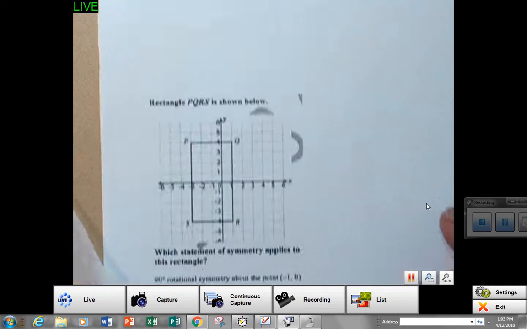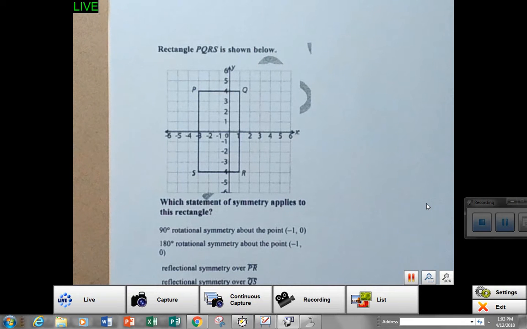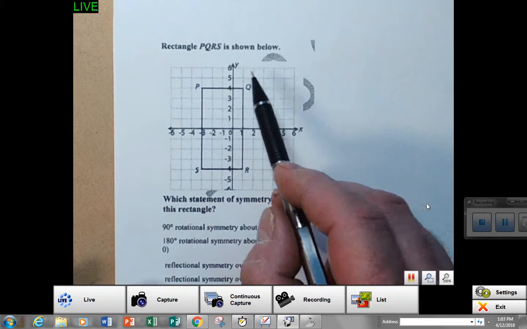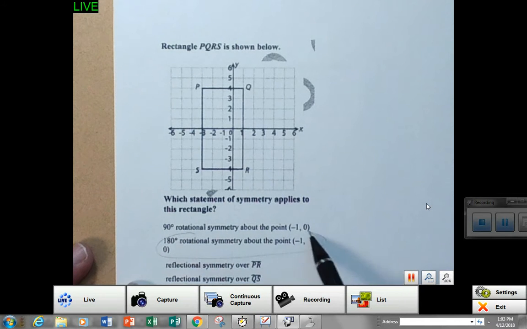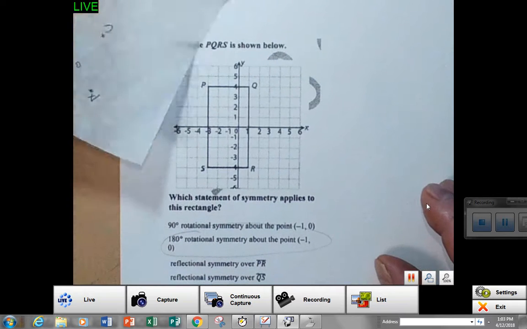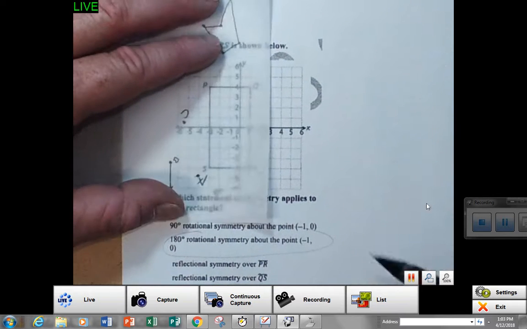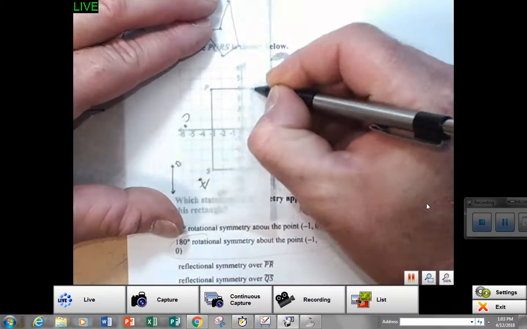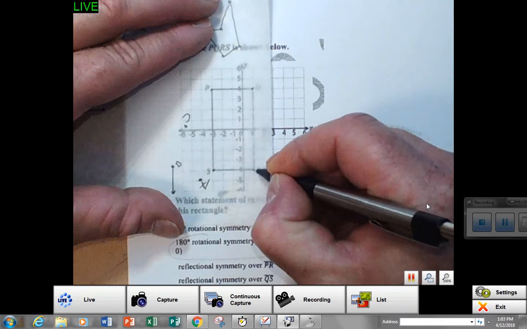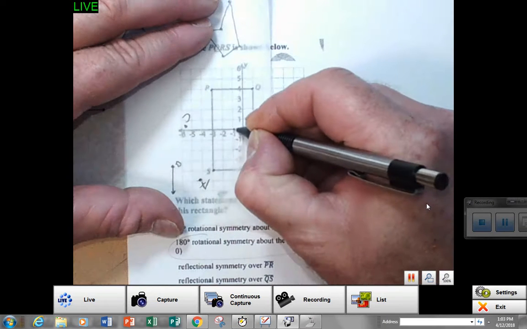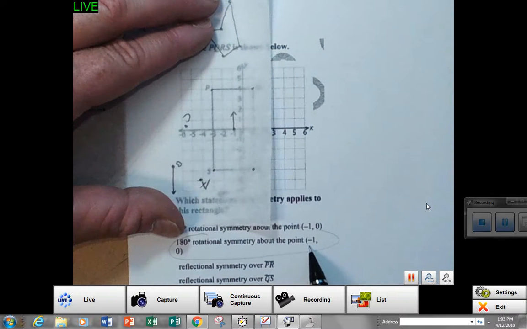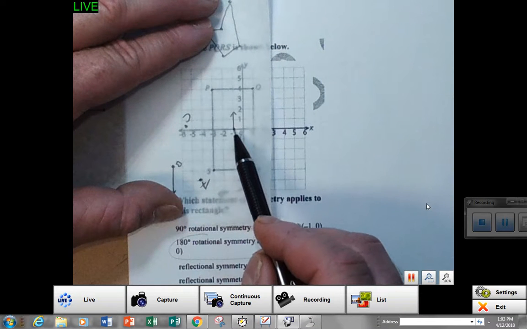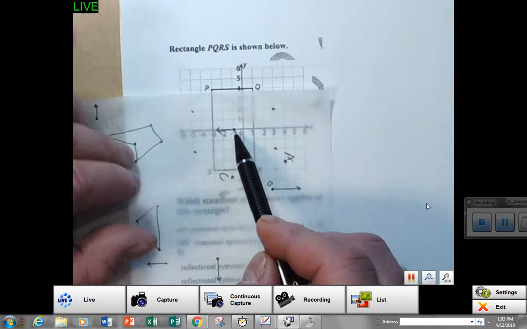And then the last one, the only thing that this has that maps back onto itself symmetrically is going to be this one right here, 180 degree rotation symmetry about the point (-1, 0). So if I take my rectangle here and I rotate it 180 degrees about the point (-1, 0), so there's 90, and you can see 90 doesn't work.